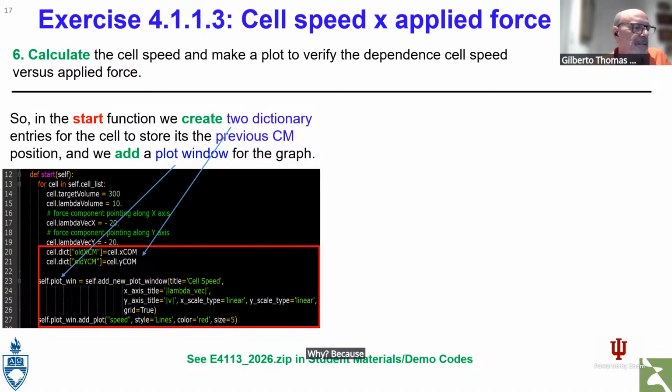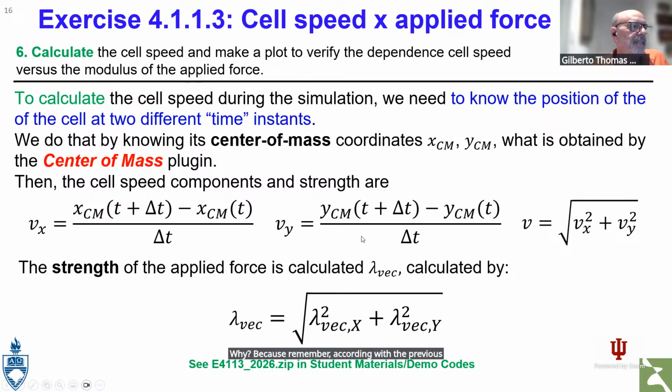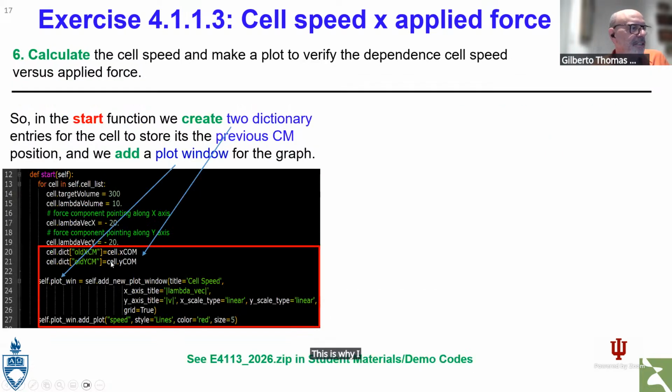Because remember, according to the previous expression, the speed is the position at t plus delta t minus the position at t before. So we need two consecutive positions of the center of mass of the cell. This is why I am creating this dictionary to save the old position of the center of mass.